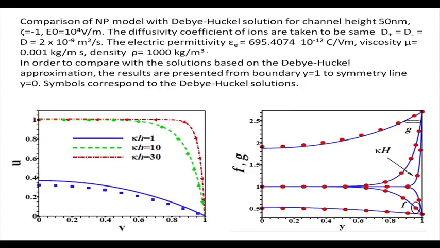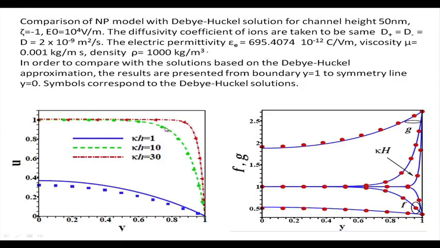So h is the half height of the channel. The Debye layer occurring on the upper wall and the adjacent wall are overlapping. So there we may not have electroneutrality within the core itself. That is expected, and that's why we have a slight difference between the Nernst-Planck computed solution and the Debye-Huckel solution.